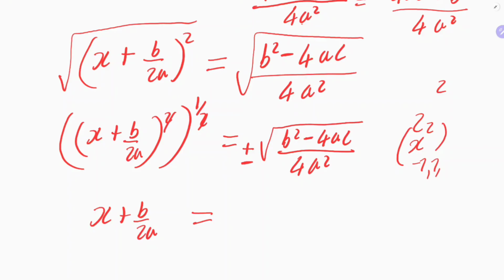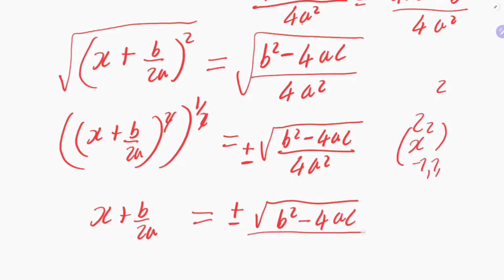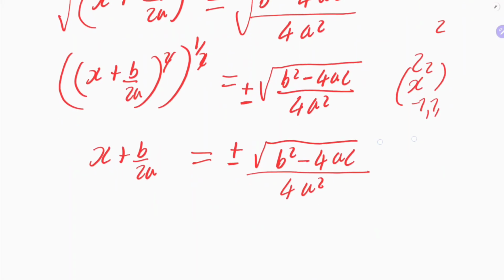That's where the plus or minus comes about, because if I'm squaring both sides, whether it's a plus or a minus in that equation, it boils back down to a positive number. So this is how we come out with plus or minus the square root of b squared minus 4ac, all divided by 4a squared.